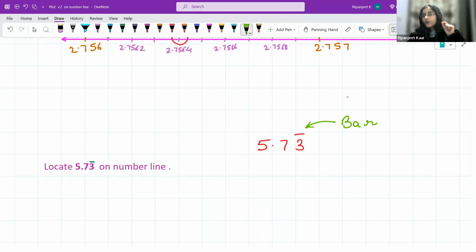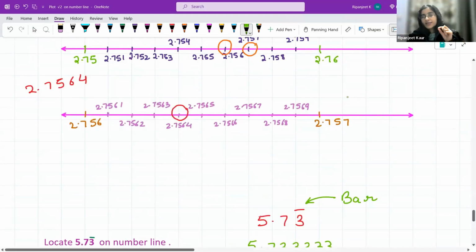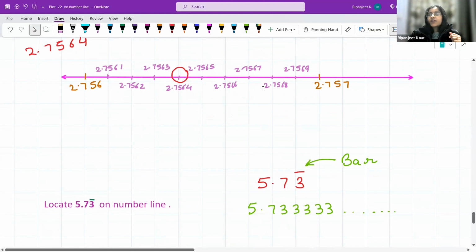Whenever there is a bar on a number, it means that number is repeating. 5.73333 and so on. So if the number is repeating so many times, do you think you'll be able to plot it up to the exact point? No, right?